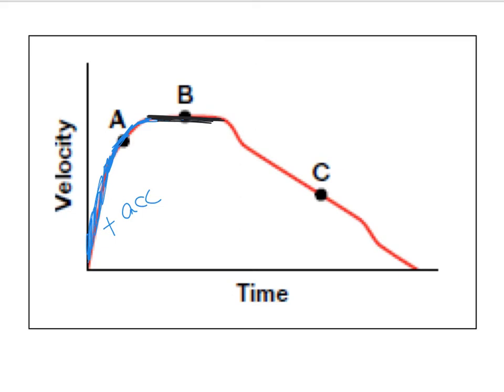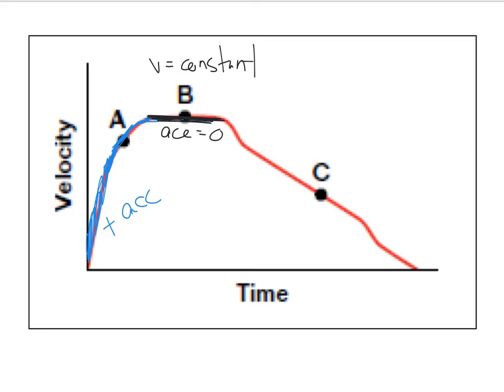Okay, but it speeds up in the beginning, and then from some point in time, where the black horizontal line begins, to another point in time, that object moves at a constant velocity. There is no acceleration, because what's the slope of that graph? What's the slope of a horizontal line? 0. So at this point, the acceleration equals 0. We could write that the velocity equals a constant.